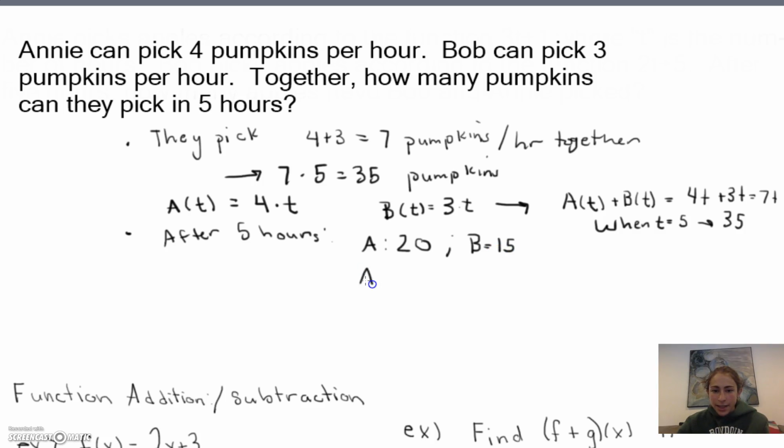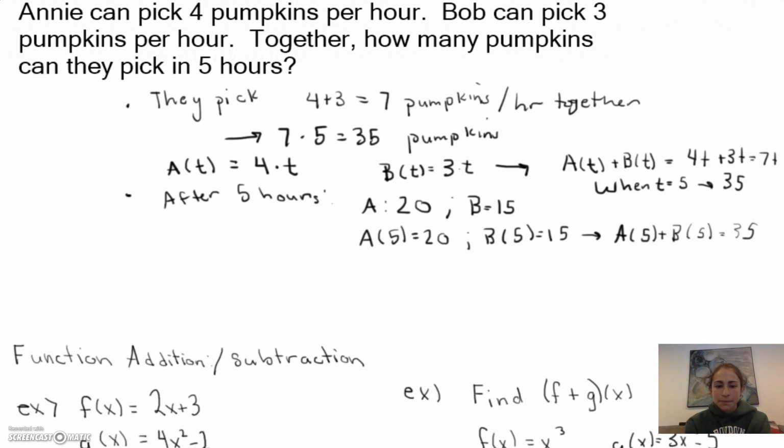So this is like saying A of 5 equals 20, and B of 5 equals 15, and so we just added them. A of 5 plus B of 5 equals 35 altogether. So these are two different approaches, but we get the exact same answer. We're thinking about it in pretty much the same way.